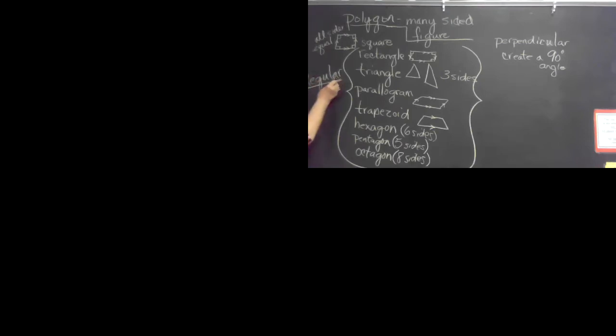If you see the word regular, and you usually will, they won't call your attention to it or make it big, bold letters or anything. It will be in the instructions, and it will say a regular hexagon, blah, blah, blah. So highlight regular or underline it. Always be aware of the instructions when it says regular. That's how they give you a hint to how to do the problem. Okay, regular means all sides are equal.